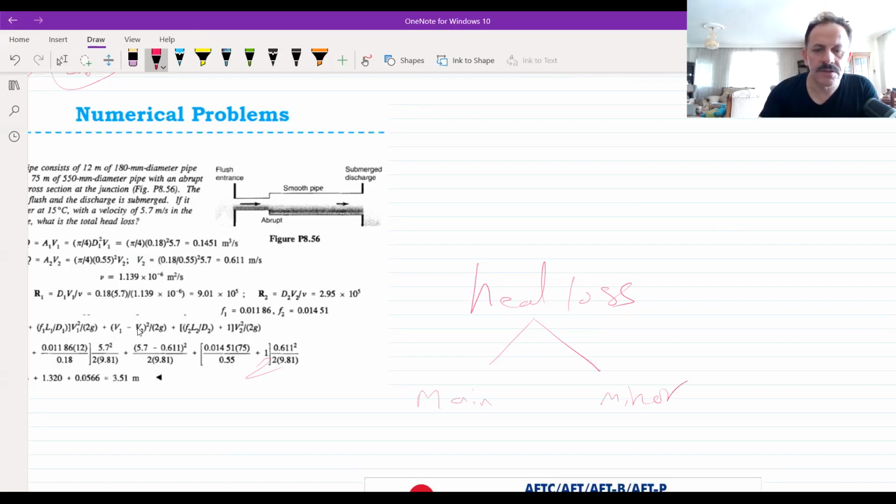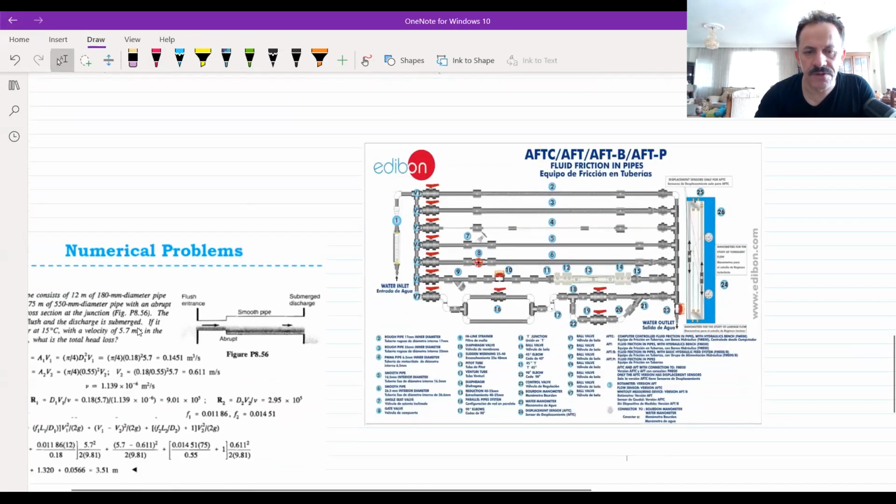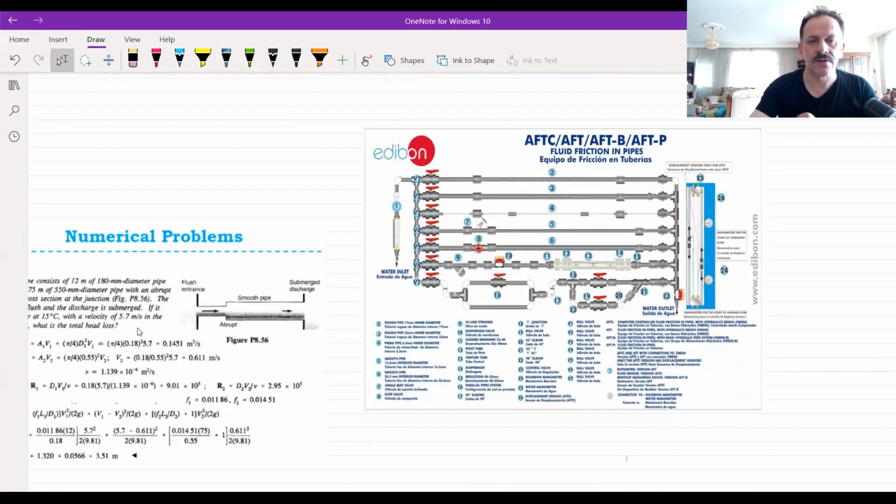The main head loss is due to the friction, and it's called friction head loss, or let me say it another way, it's due to the length of the pipe.